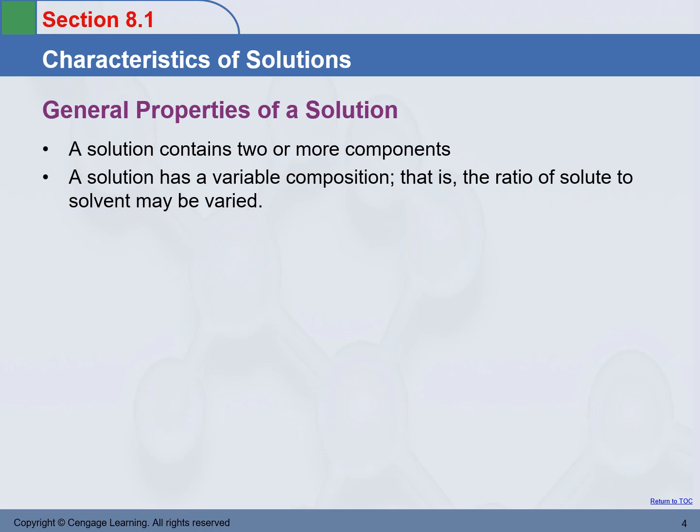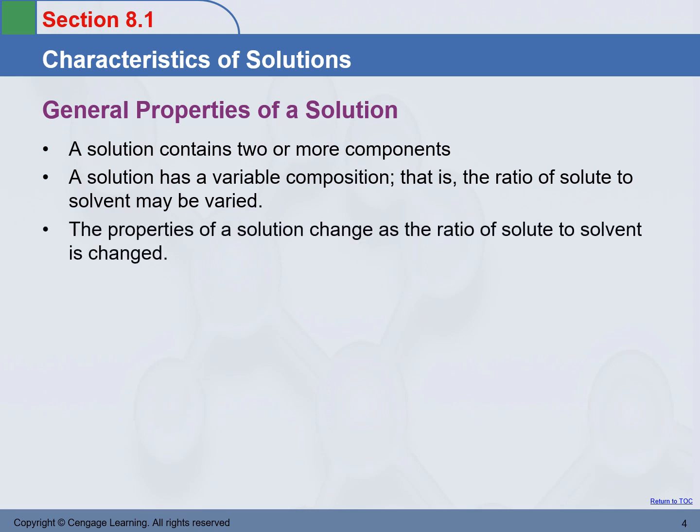Okay, let's use a salt in water solution as an example. For a salt solution, you can dissolve a little bit of salt in it. You can dissolve a lot of salt in it. So they are both salt solutions, however, they have variable compositions. The properties of a solution change as the ratio of solute to solvent is changed.